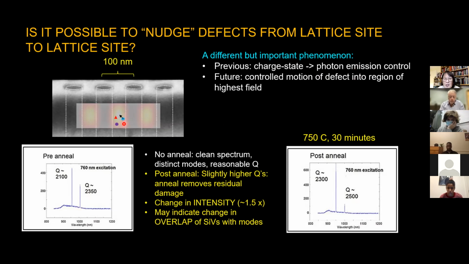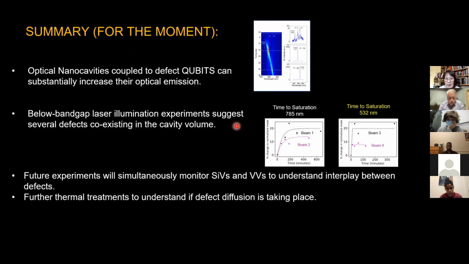But is it possible actually to move things? I showed you a silicon vacancy. Is it possible for me to direct energy to that silicon vacancy so I can nudge it into position? I'm just showing you some preliminary data, both thermal annealing and UV irradiation, that suggests that we can.